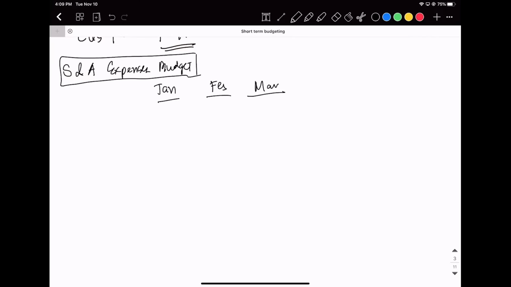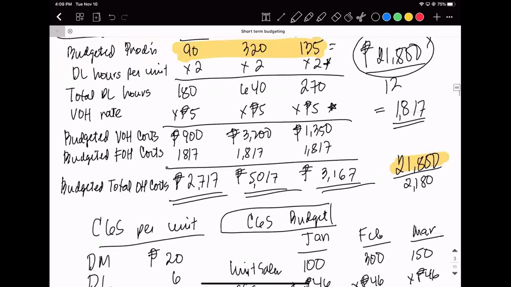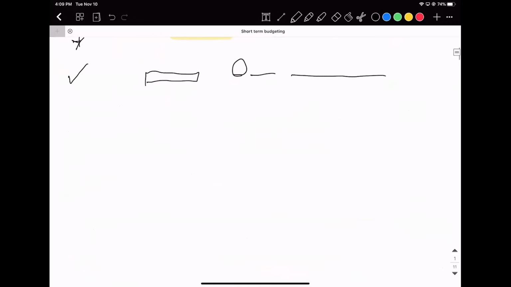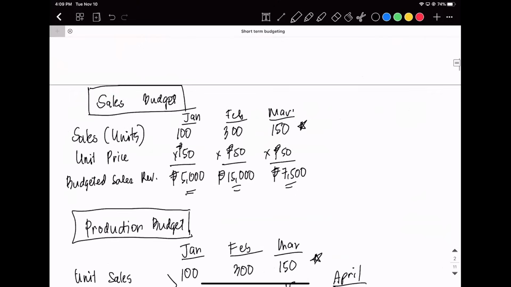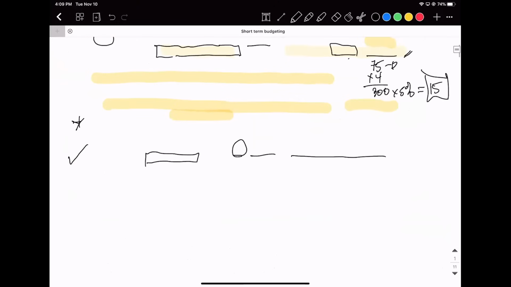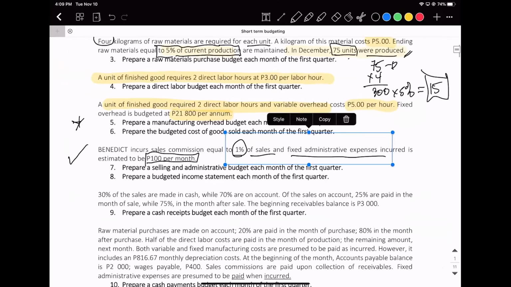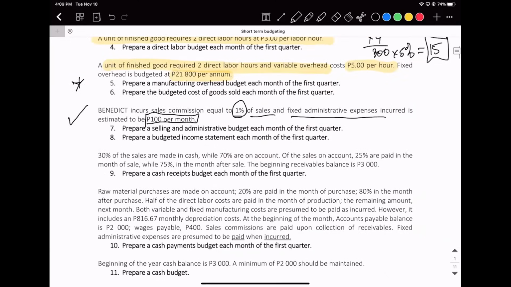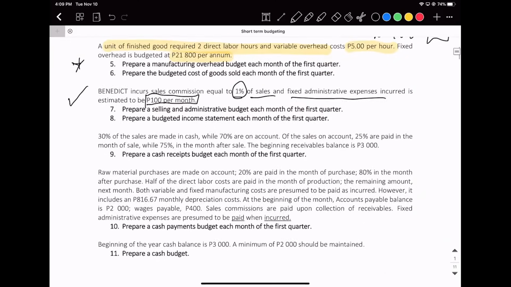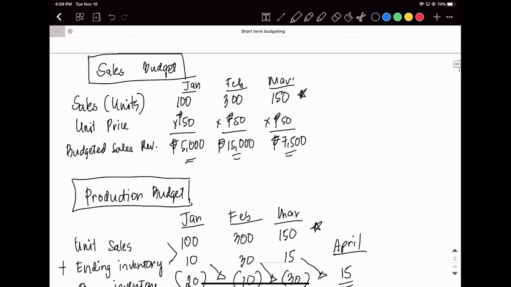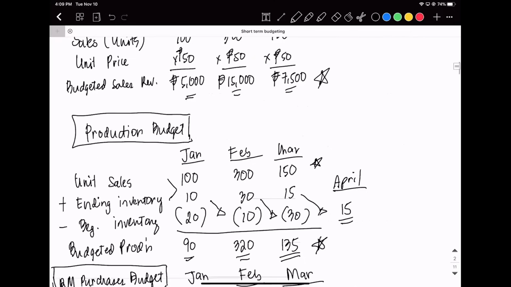Ano ba sabi? Commission, di ba? So, saan nakabase ang commission? So, 1% of sales. Makabase tayo sa budget. Budgeted sales revenue. 1% of sales. So, ayan. 5,000, 15, and 7,500.